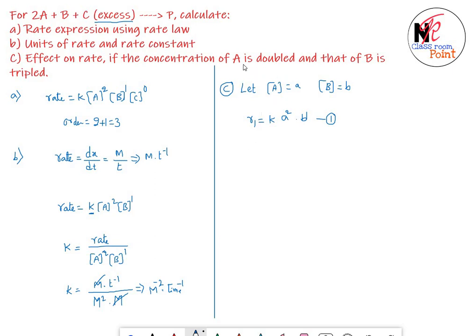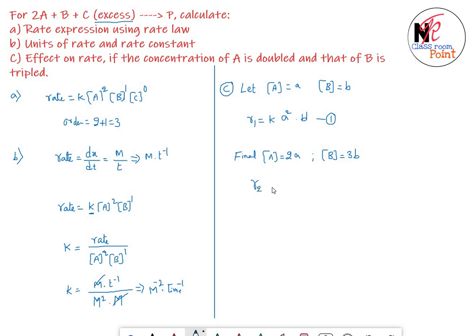Now after the concentration of A is doubled and B is tripled, the final concentration of A becomes 2A, and the concentration of B is tripled, so it becomes 3B. Now let us insert these values in this initial form.